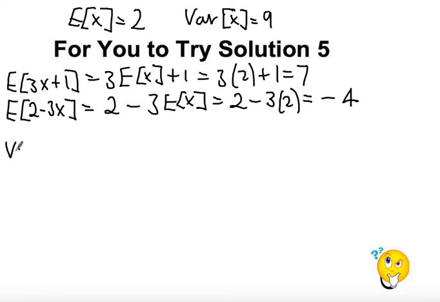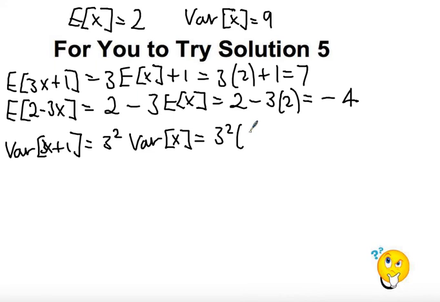Now let's have a look at the variance. Variance of 3x plus 1 is given as the coefficient of x, which is 3 squared, times the original variance. So we get 3 squared times by 9, so we get 9 times 9, which is 81.